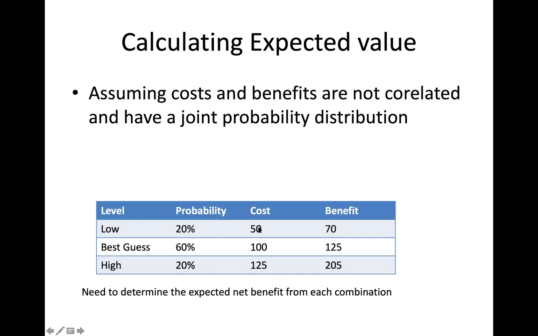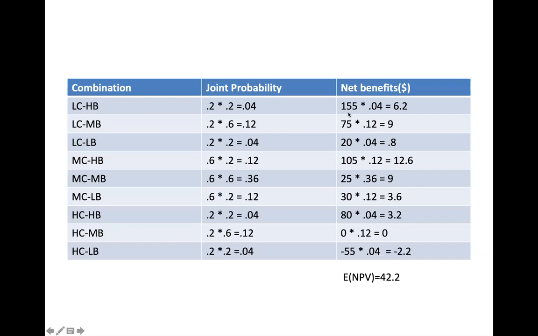It was a low cost and a medium benefit, I believe. So it's 125 minus 50. And you get a 75, and that's going to happen 12% of the time. So 12% of the time, you're going to get 75, and that equates to 9, a contribution of 9 in the overall estimate of what you're going to expect.